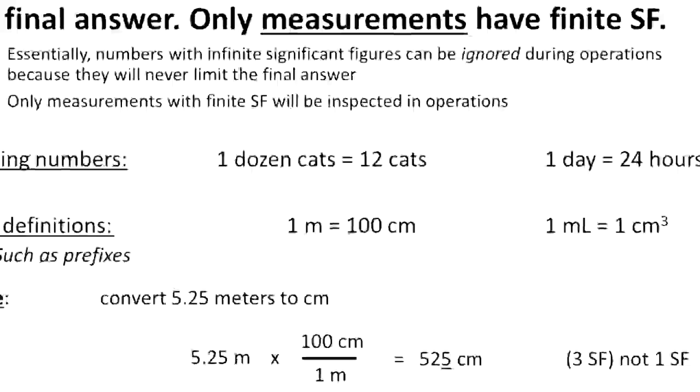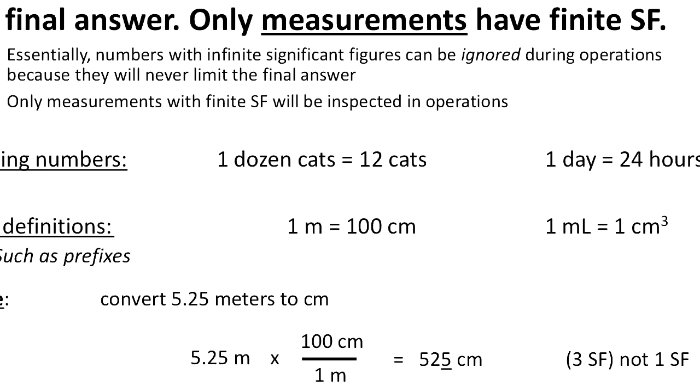So here are just some sig fig exceptions. And these are values that have infinite sig figs. So when a number has infinite sig figs, essentially we can just ignore that number in our sig fig calculations. We only want to use measurements to determine significant figures in our answer. Anything with infinite sig figs, like for multiplication division, any number is smaller than infinity, right? So anything with infinite sig figs we can ignore.